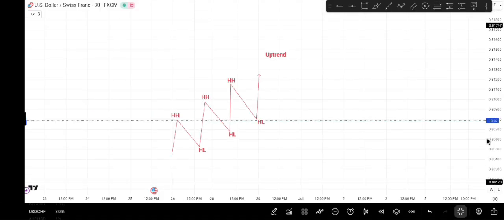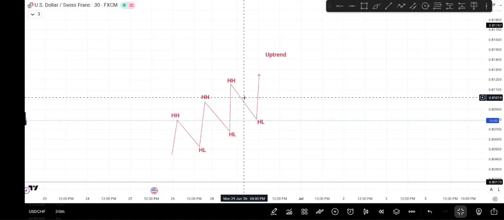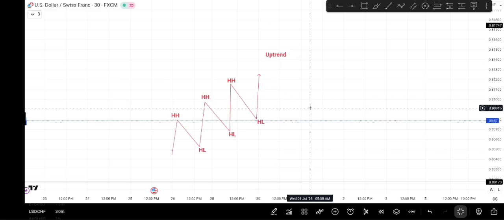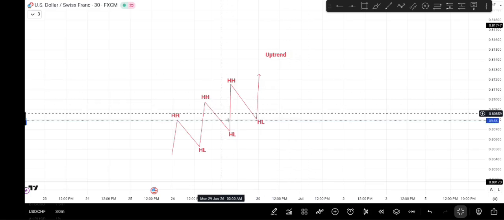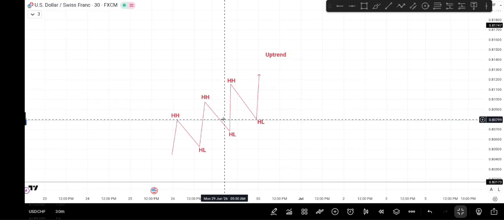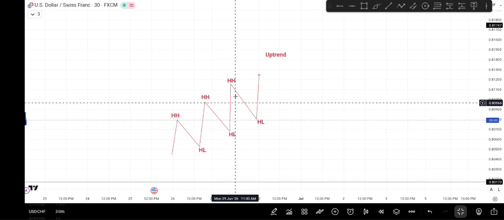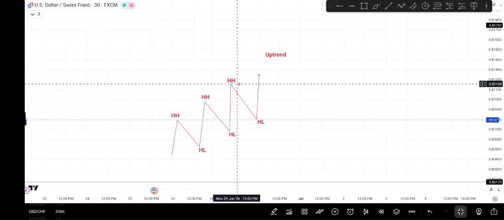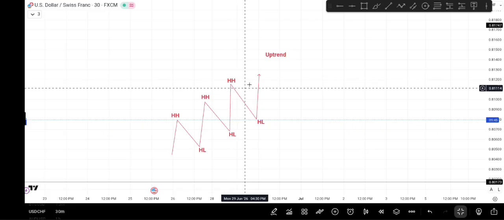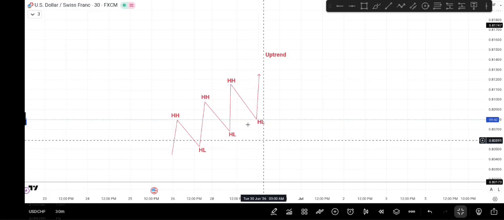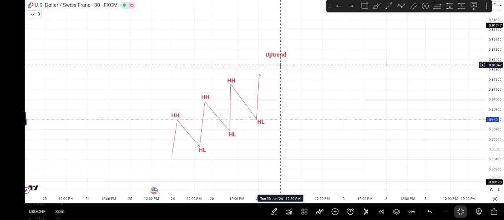And remember guys, that this structure you see here is a swing. You should call it a swing structure. As I once told people, whenever we create a new higher low, expect a new higher high. And whenever we create a new higher high, we expect a retracement to form a higher low for a continuous uptrend.